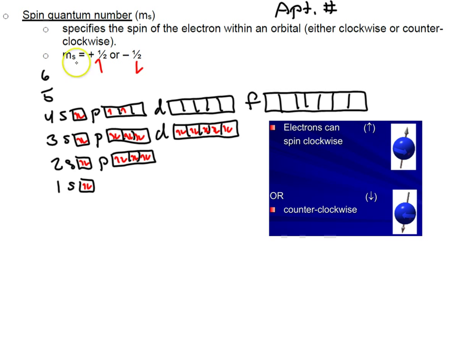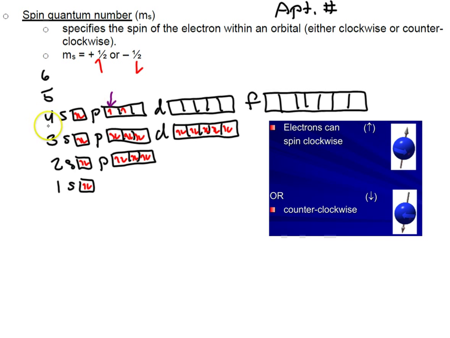Now, anything with an up spin gets assigned the number +1/2, and anything with a downspin gets assigned the number -1/2. So any electron would be able to be identified even further. Let's identify this electron right here.